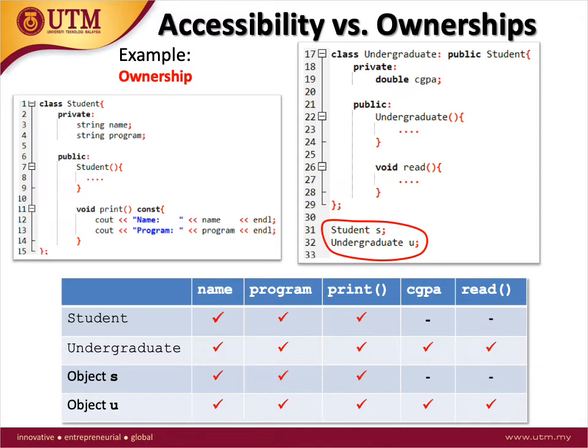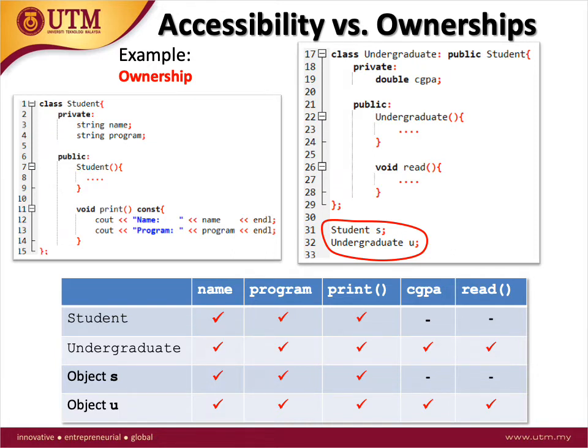So this is the example for ownership. You can see there are two classes here: Student as the base class, and Undergraduate as the derived class. At the end of the code, Student is a class and S is the object, and U is the object of the class Undergraduate.